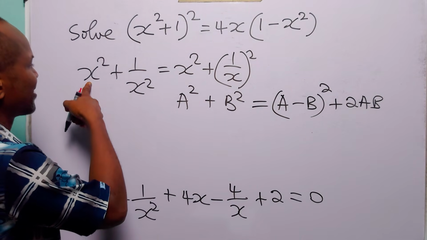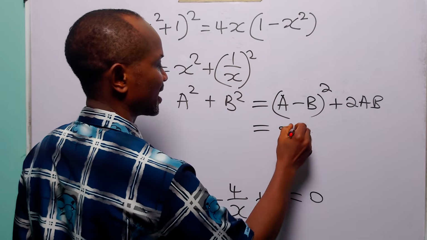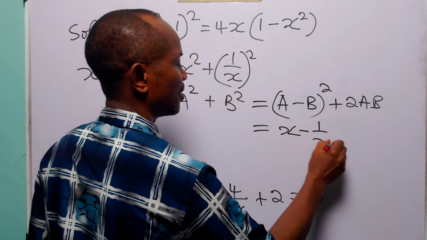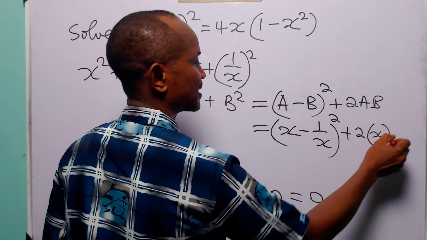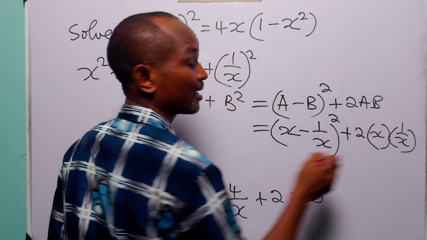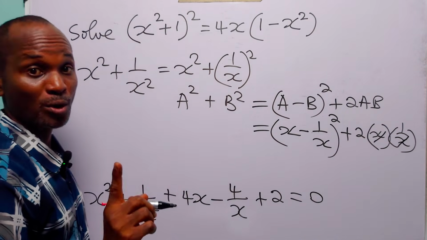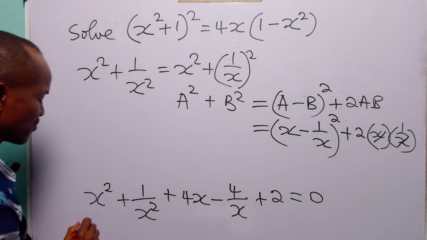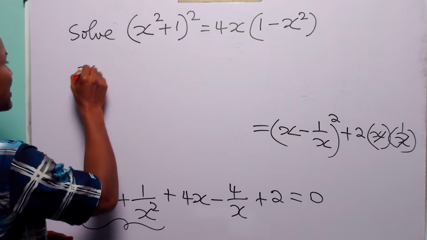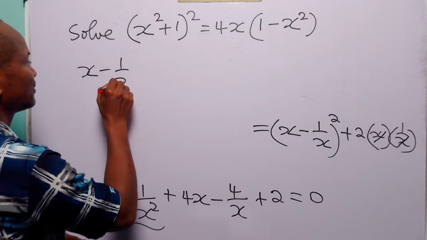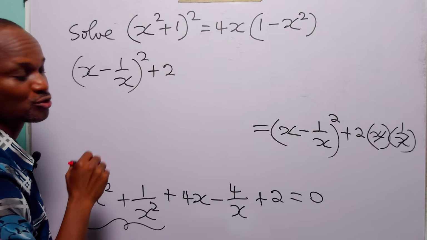So that means that we can write x squared plus 1 over x squared as (x minus 1 over x) squared plus 2 times x times 1 over x. Now, x times 1 over x is equal to 1. So that means that we can write these two terms as (x minus 1 over x) squared plus 2.